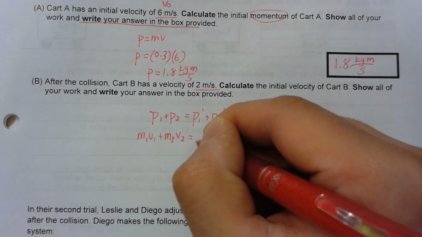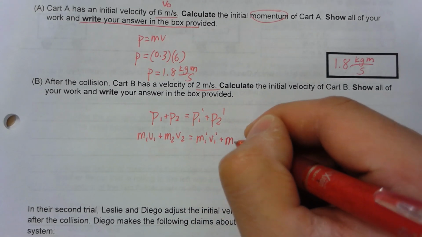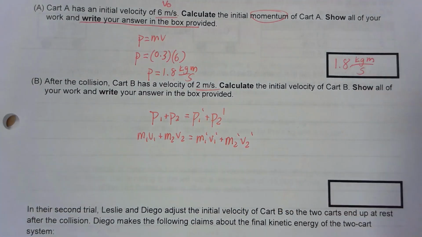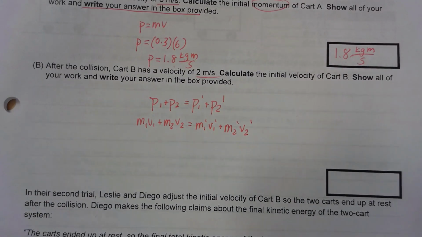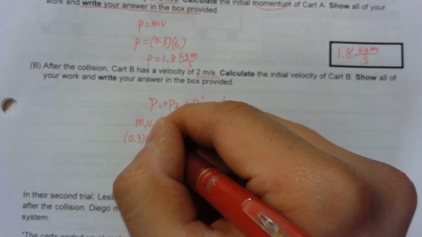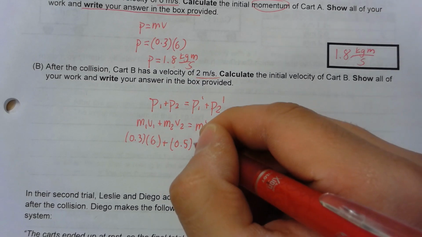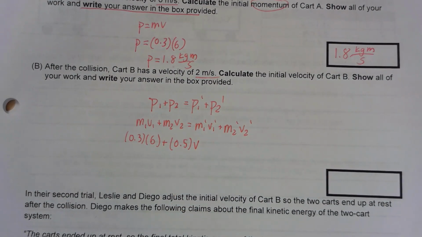Before we do that, let me get into the long form. m1 v1 plus m2 v2 equals m1 prime v1 prime plus m2 prime v2 prime. Okay, let's plug everything in. Mass of cart 1, 0.3. Velocity at the beginning, 6. Mass of cart 2, 0.5. Velocity at the beginning. That's what we're solving for.